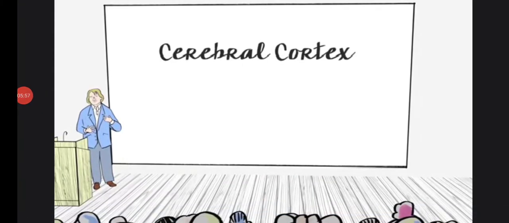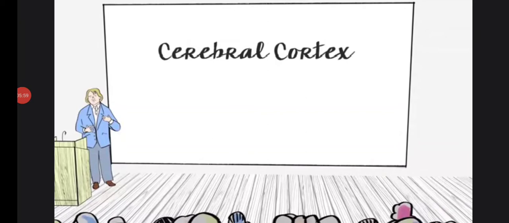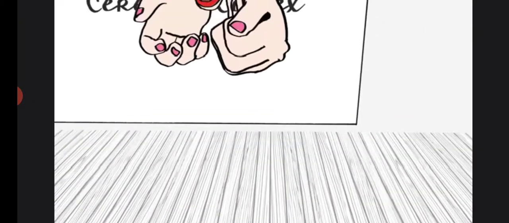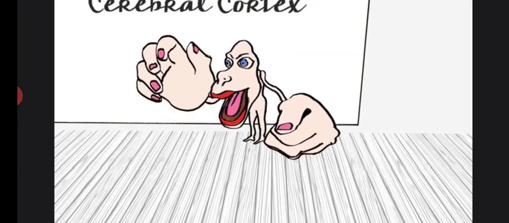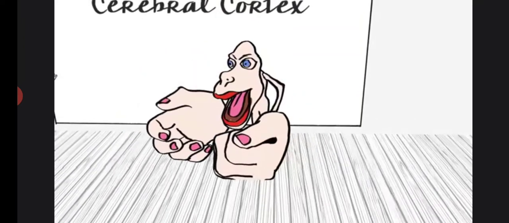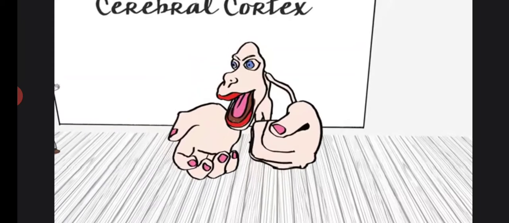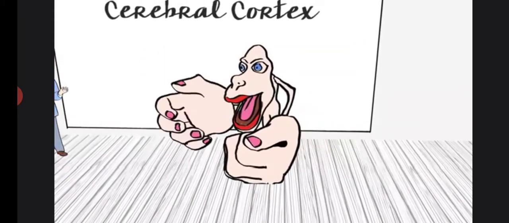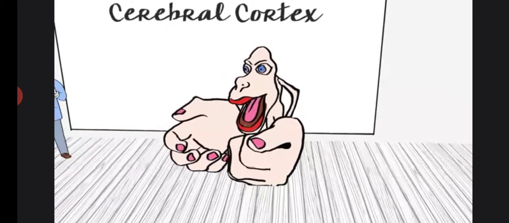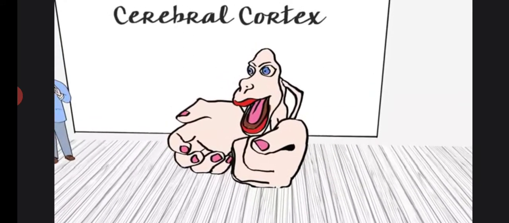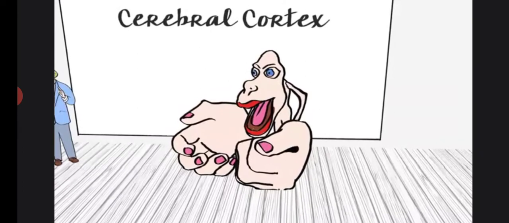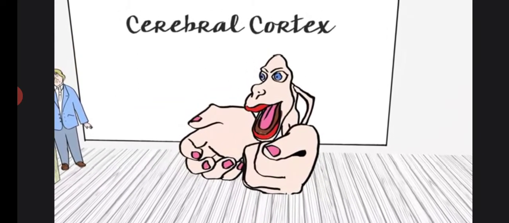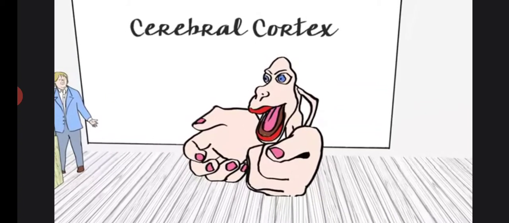So, artists have drawn pictures of people with their body proportioned to the extent that their brain is. You'd see the trunk of the body is relatively small, but their hands are enormous, and the face is enormous, because there is a whole lot of sensation.